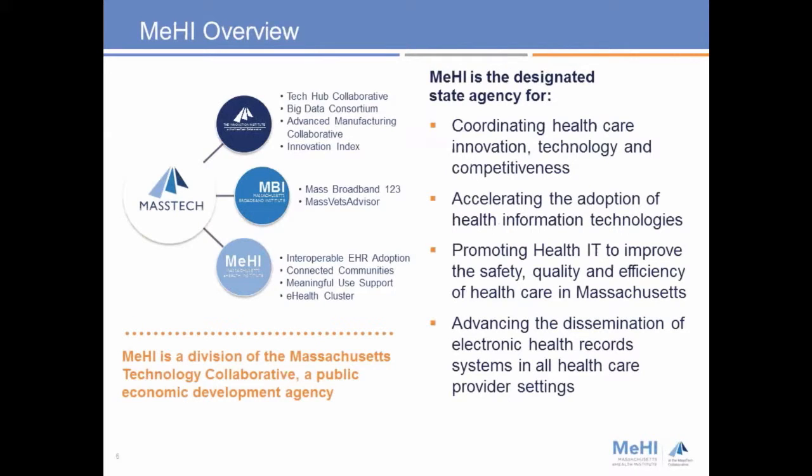MeHI is dedicated to the advancement of healthcare through the use of technology. It is the designated state agency for coordinating healthcare innovation, technology, and competitiveness, accelerating the adoption of health information technologies, promoting health IT to improve the safety, quality, and efficiency of healthcare in Massachusetts, and advancing the dissemination of interoperable electronic health record systems in all healthcare provider settings that are networked through a statewide health information exchange, the Mass Highway.